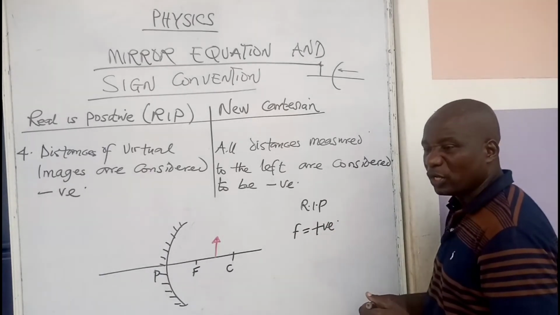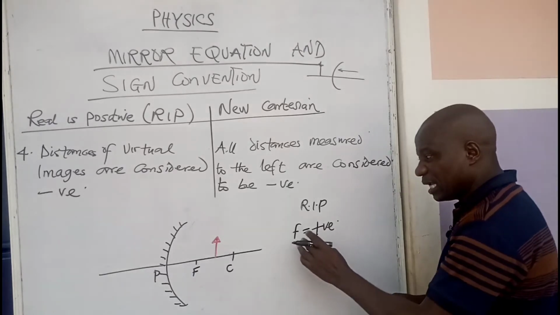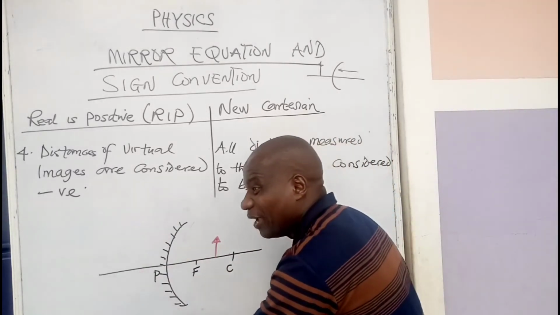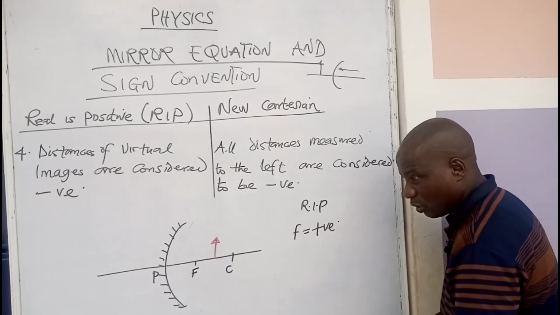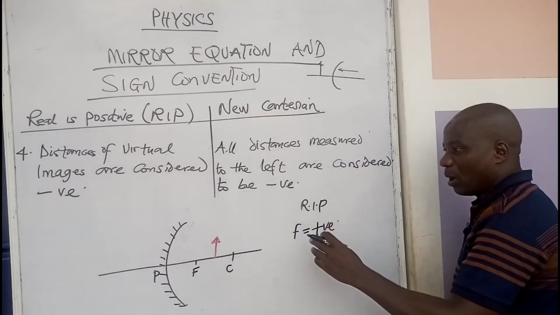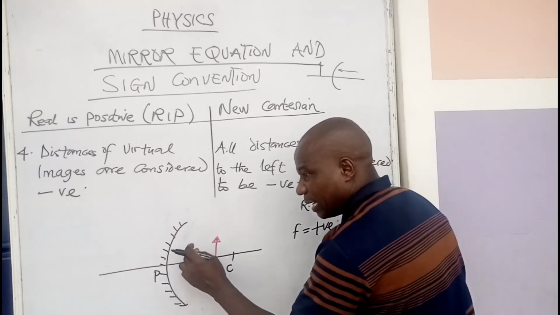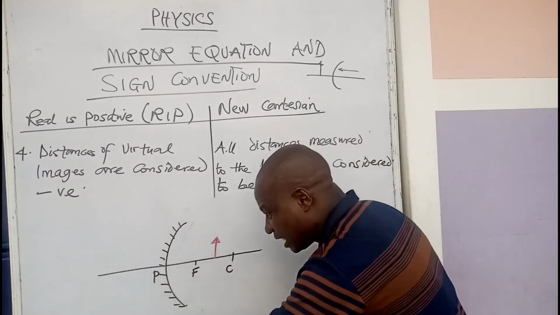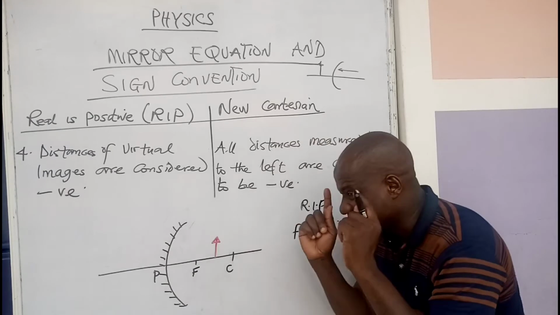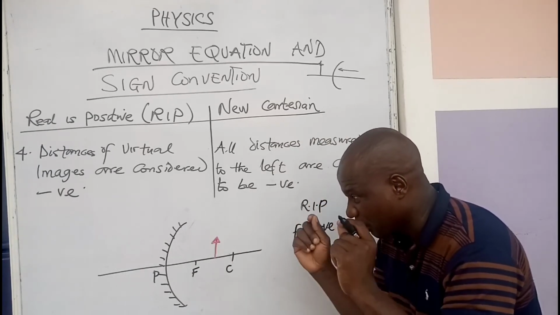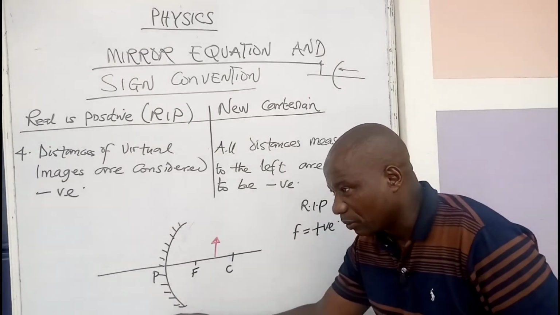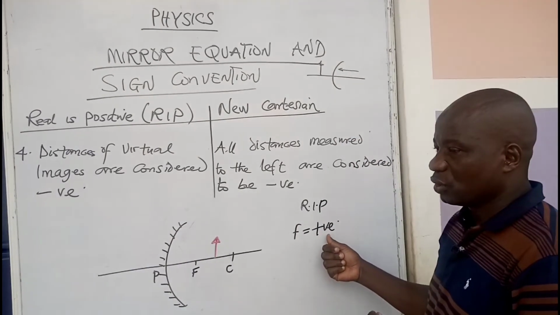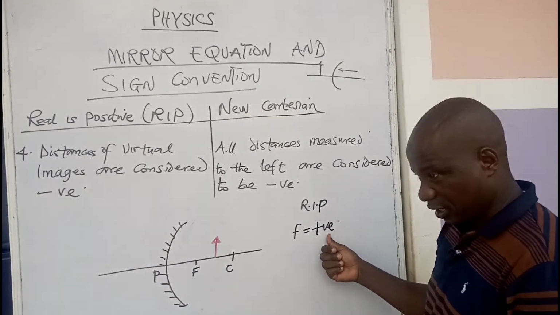My F is going to be positive because I've been told that it is a concave mirror. But if it is a convex mirror, the focal length is going to be negative. Salient point. You have to take notice of those points. Now, this is a concave mirror. Automatically, this one is going to be positive.